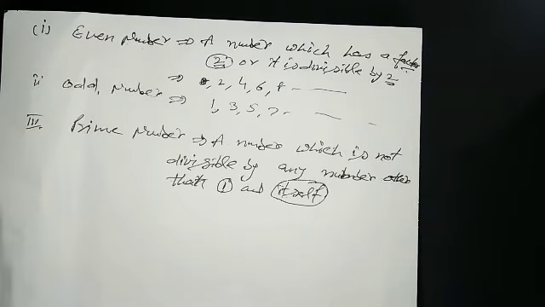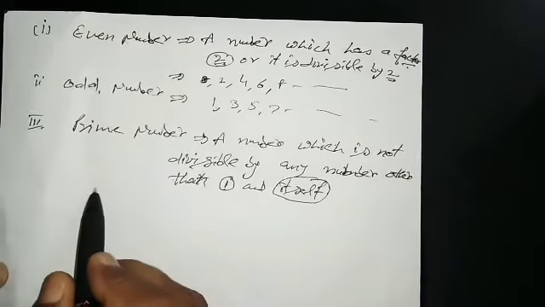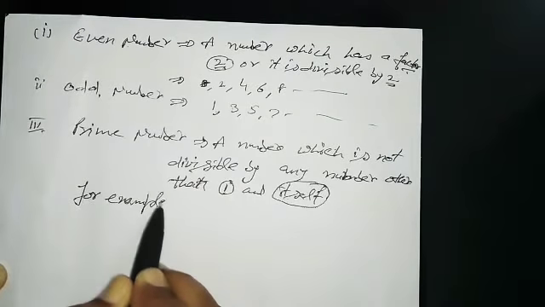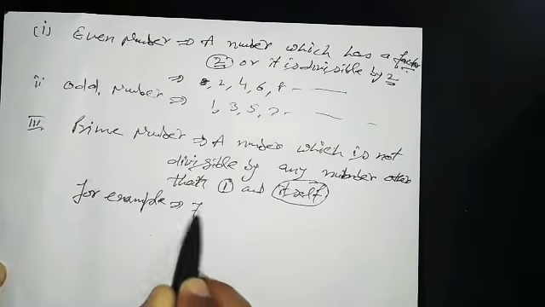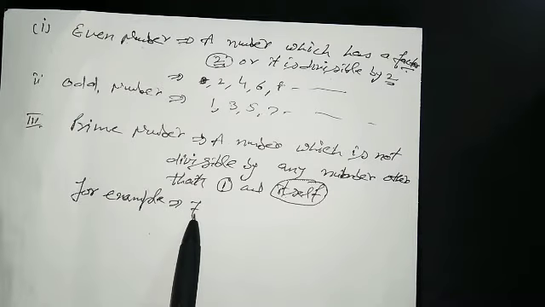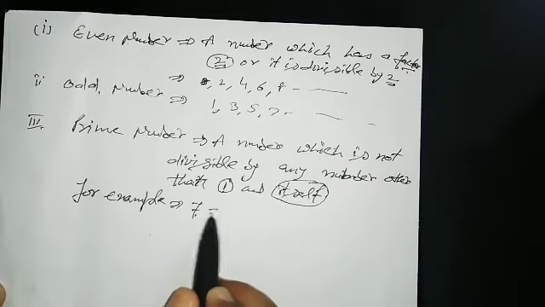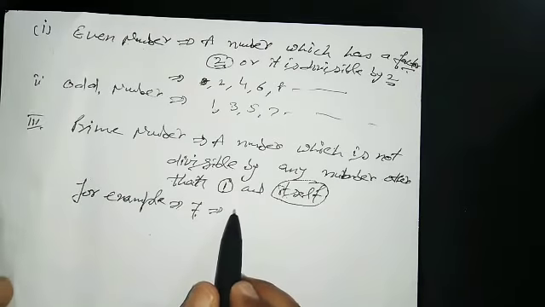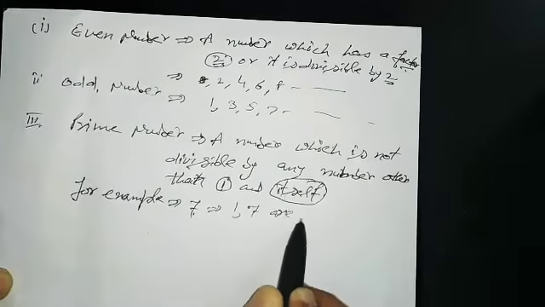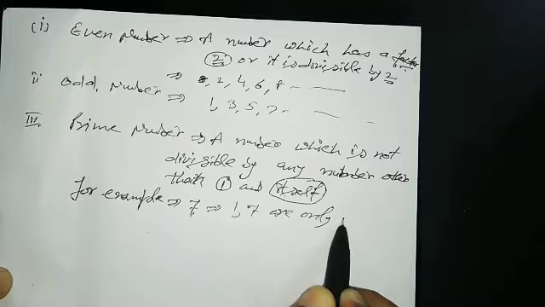Okay, you can take an example. For example, 7. As you know, 7 is divisible by 1 and 7 is divisible by 7. But can you find any other number which can divide 7? No. Meaning 7 has only 2 divisors, 1 and 7.